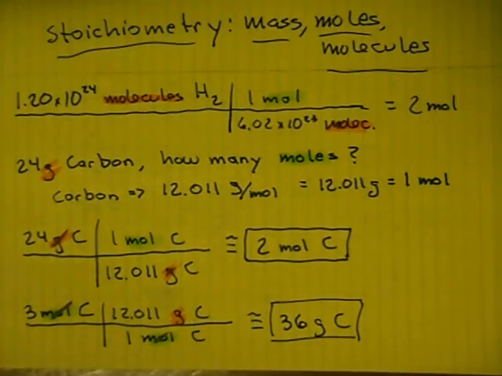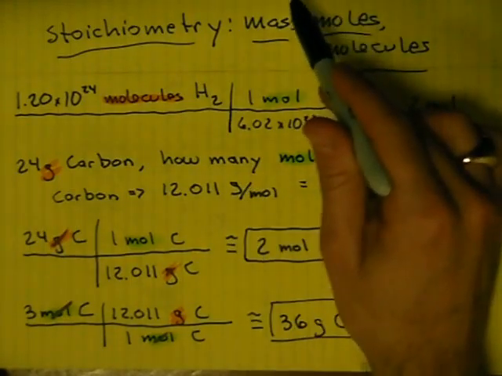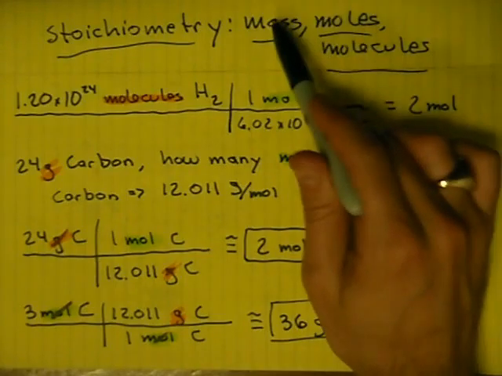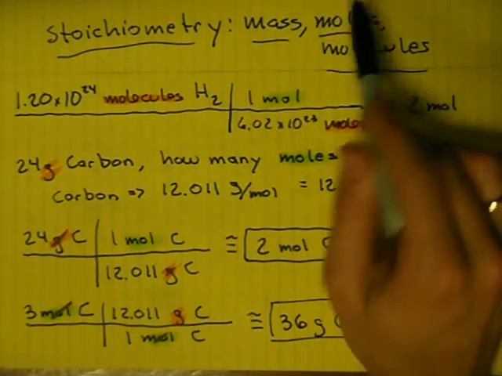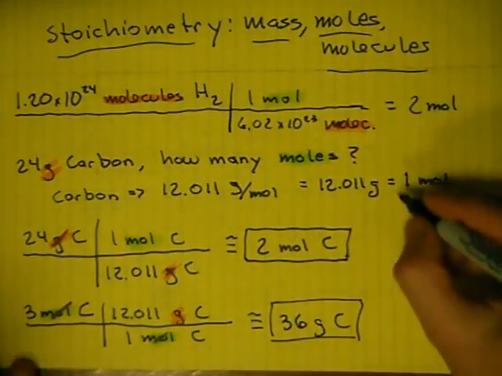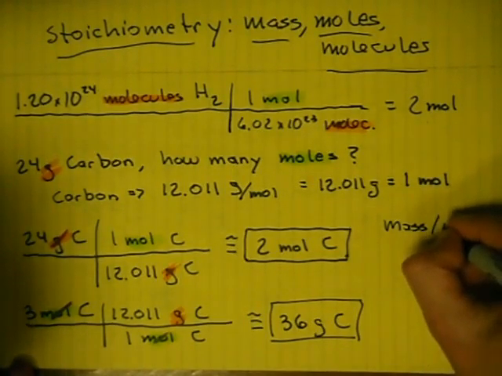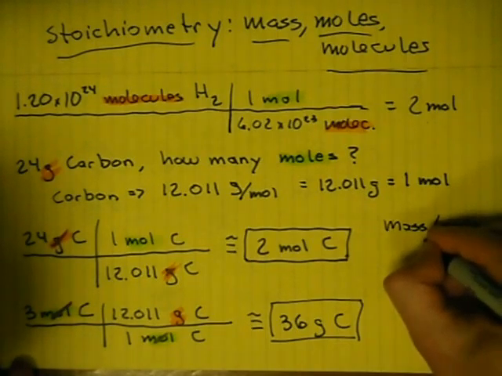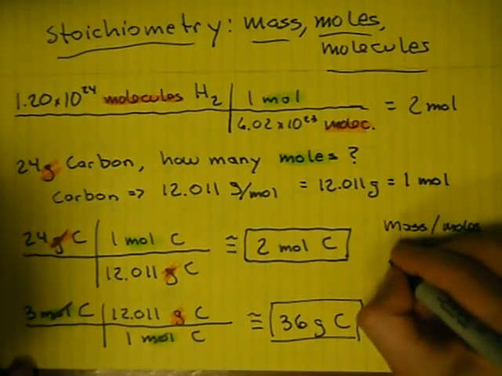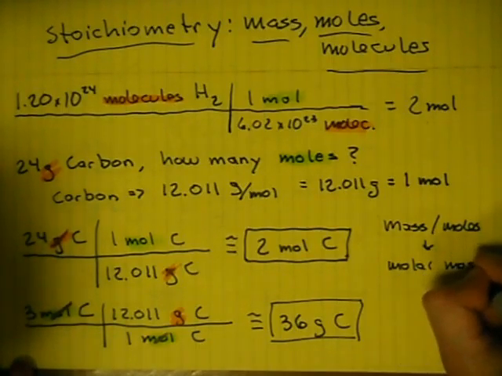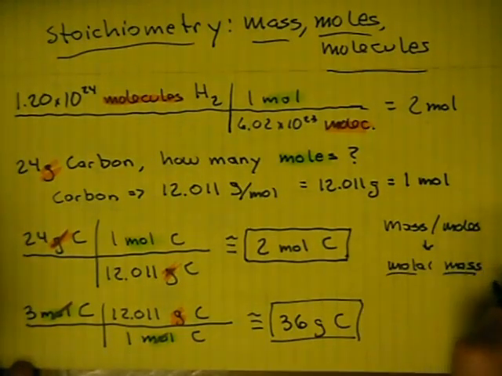So that's how we can go back and forth from mass to moles, moles to molecules. Because we know going from mass to moles is molar mass. And that's on our periodic table.